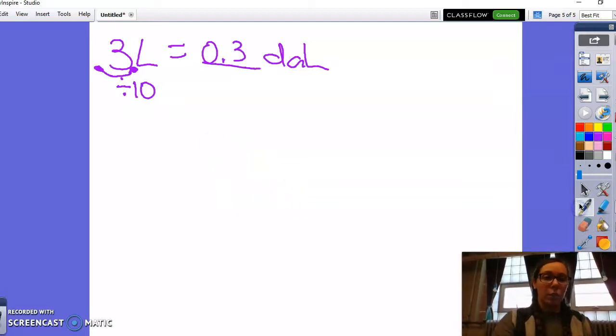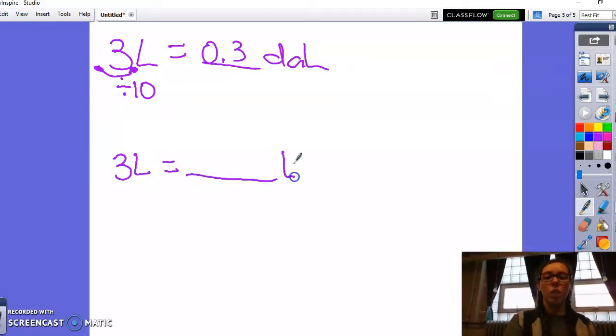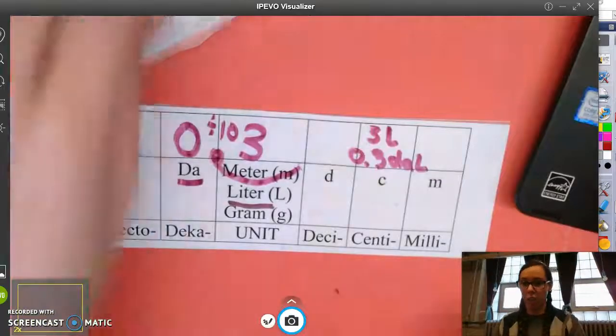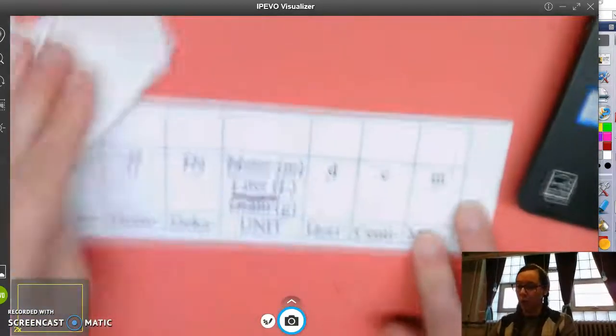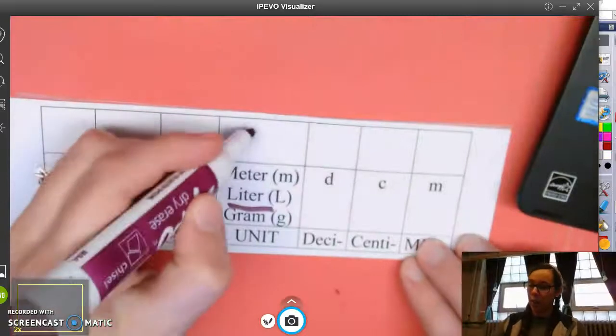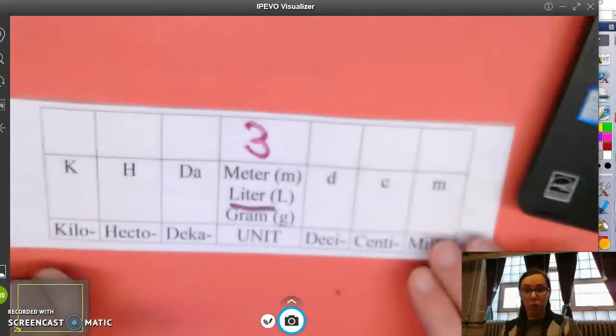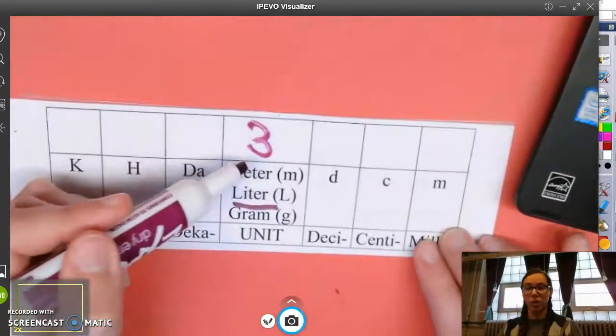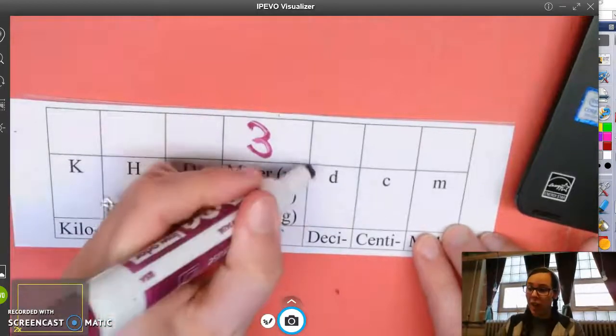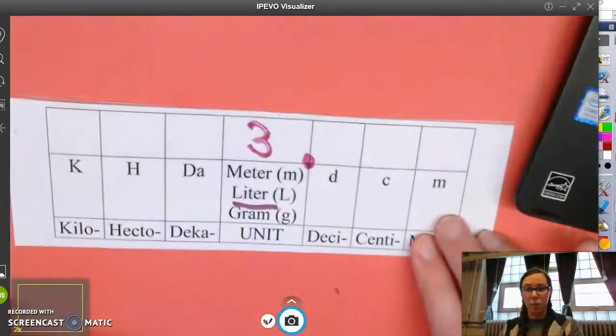Alright, let's look at a bigger example. Let's say I want 3 liters to go into kiloliters. So let's look at our chart here. I still have 3 liters. And remember, on these whole numbers that don't look like they have decimal points, it's hiding at the back.